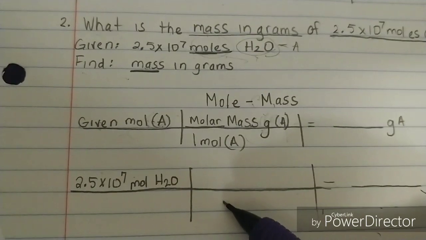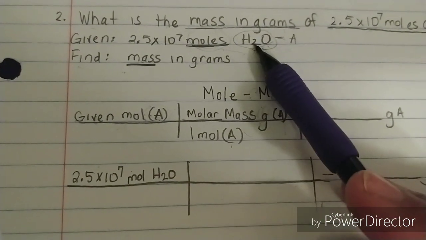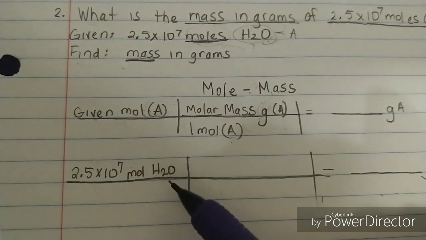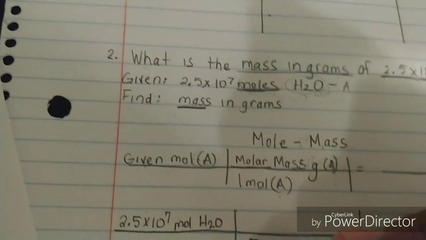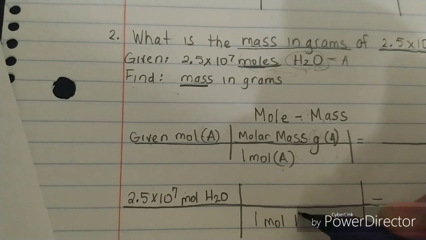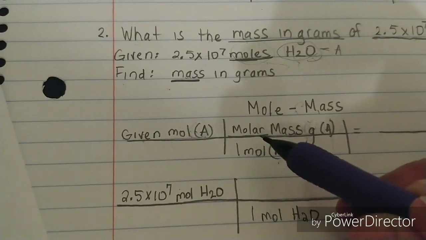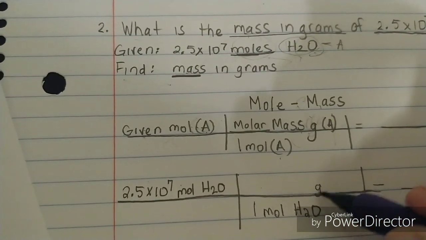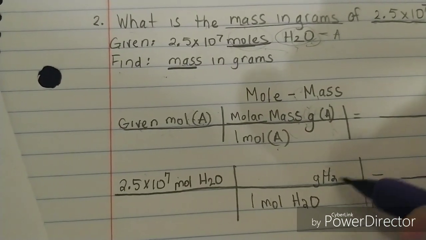And then it says to put 1 mole of A. And remember we established that A is that chemical symbol that's in the given. So it's going to be 1 mole of H2O. Okay, right above it, it says we need to put the molar mass in grams of A, which is again still H2O.